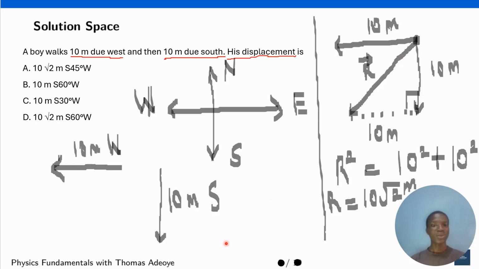So the angle that it makes with the west, we call it theta. I'll suggest we use the next slide so that we have a clean sheet to work with.